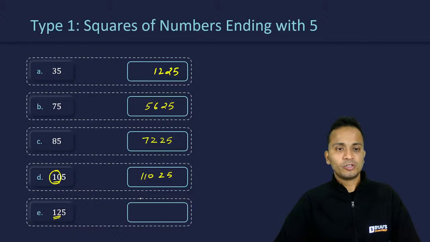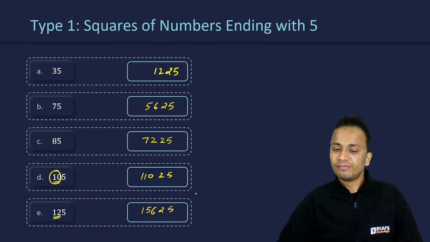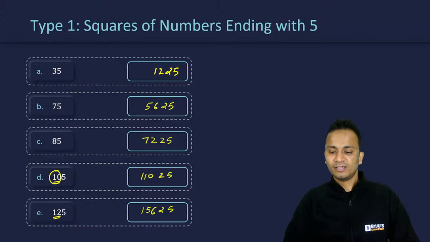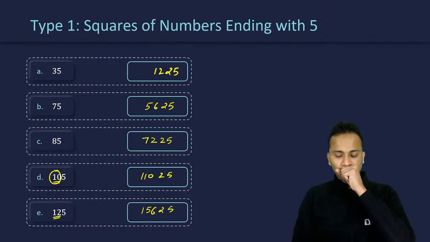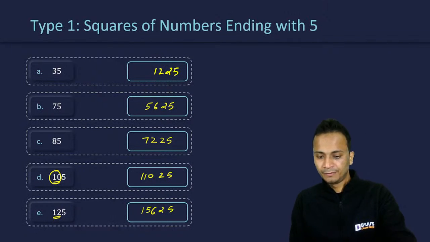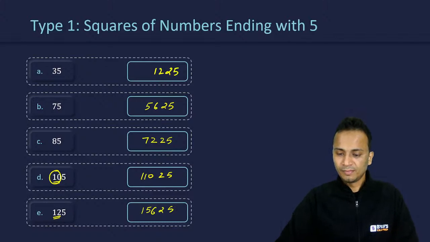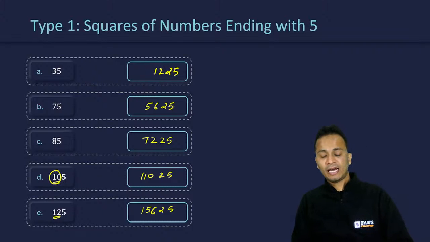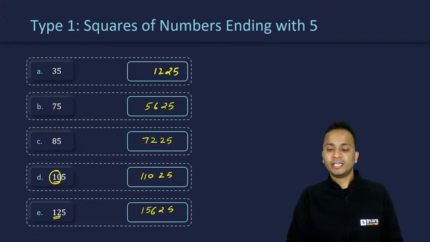So 12 into 13 is 156, then 25. So 15625 will be the answer for this one, right? Let's see how many of you think that this is correct. Yes, absolutely, 15625 is the correct answer.